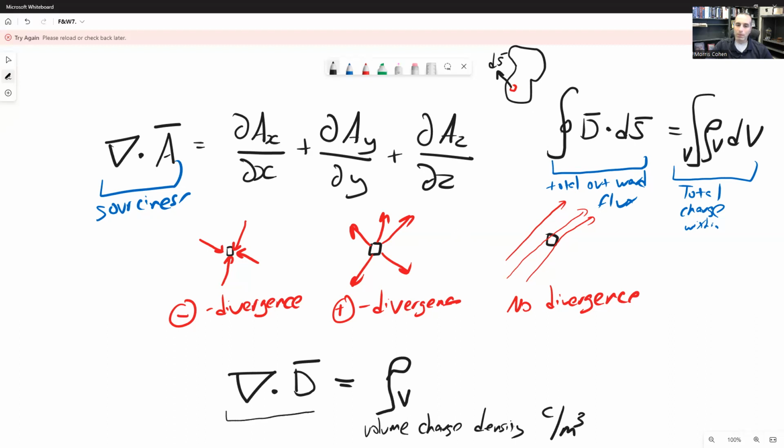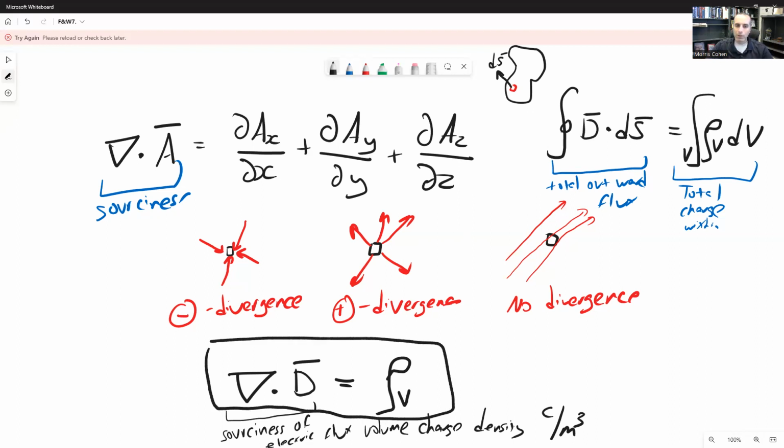And this is the sourciness of the electric flux lines. So in some sense, this restates what we already knew, that positive charges act as sources of electric flux lines and negative charges as sinks. It just restates it in a form that's only concentrated in a very, very small area, since this is differential. So this is Gauss's law in differential form.